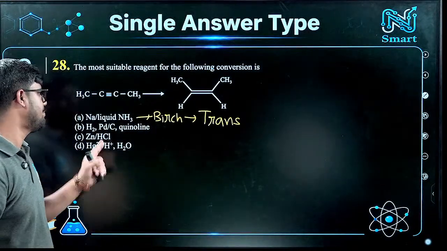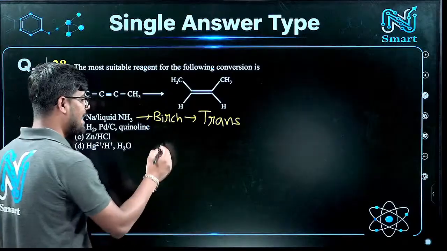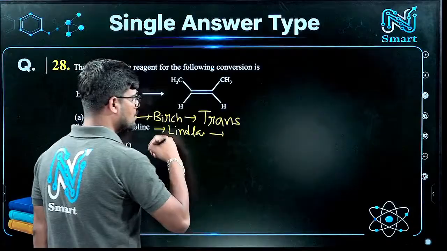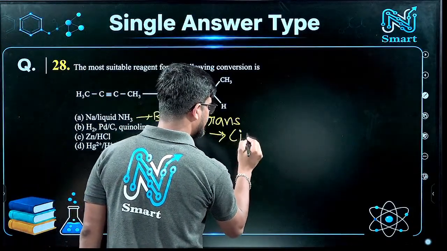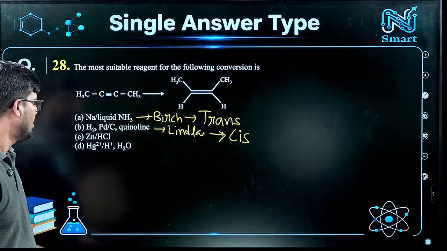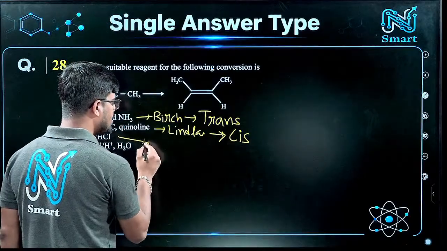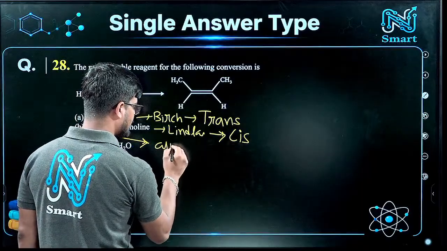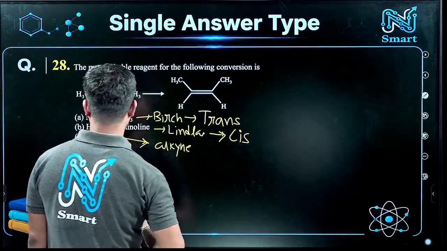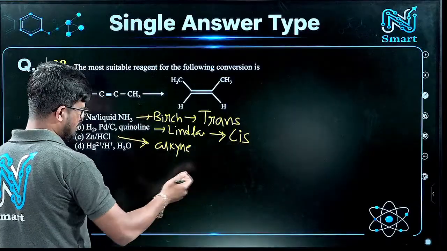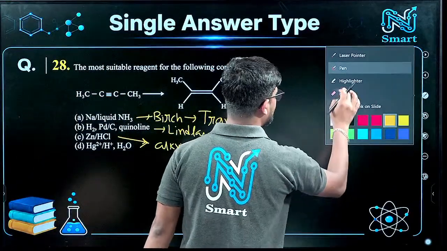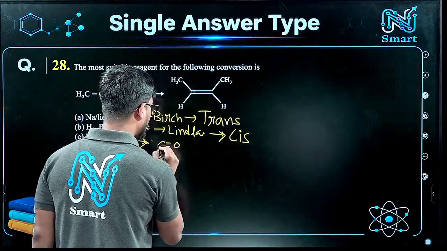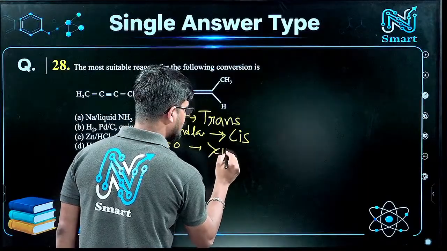Then hydrogen in palladium carbon quinoline, this is Lindlar catalyst, right? Lindlar catalyst. So in that case, always we get cis product. Zinc HCl. So basically it is used to get ketone type product, means if we have C double bond O, from that we will get CH2 like this.